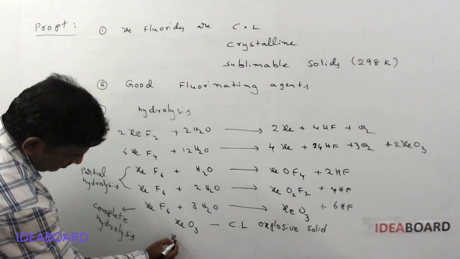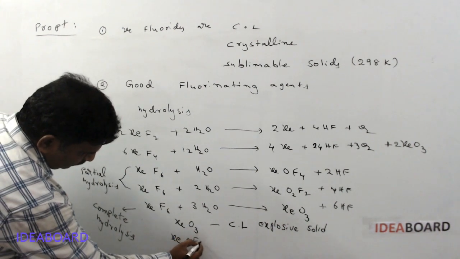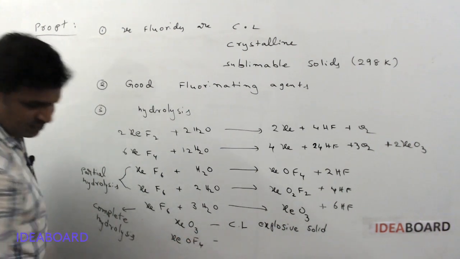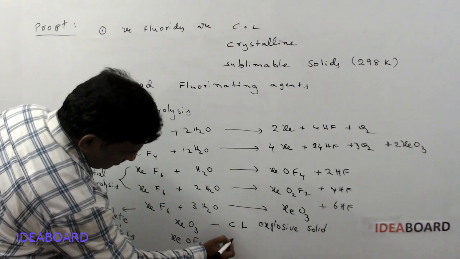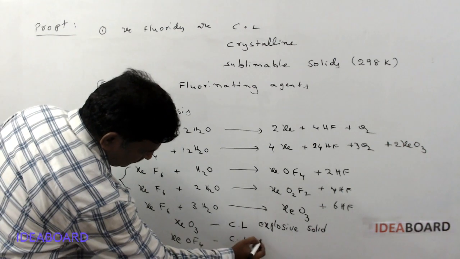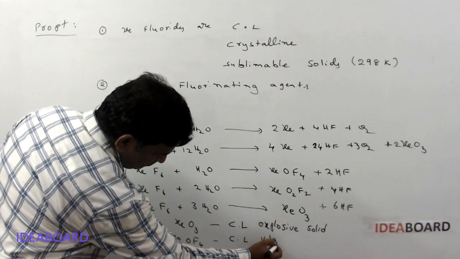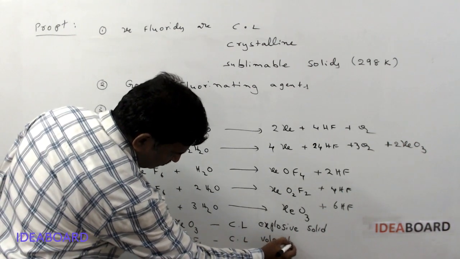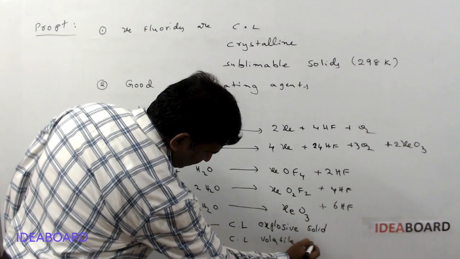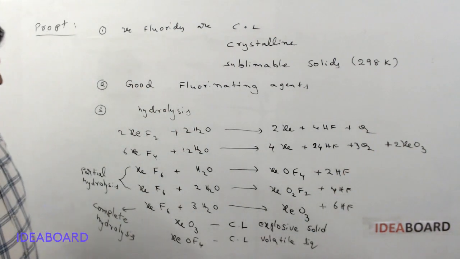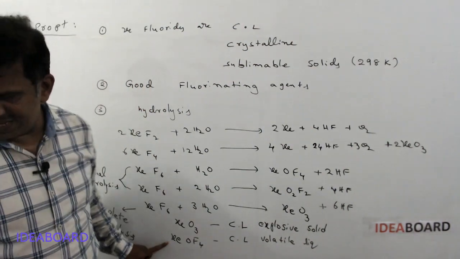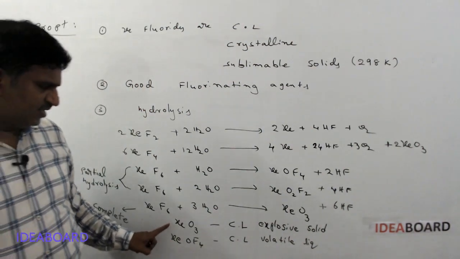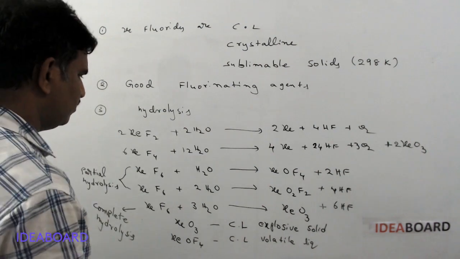And XeOF4, which is formed in this reaction, is a colorless volatile liquid. So XeOF4 is a colorless volatile liquid, XeO3 is a colorless explosive solid.